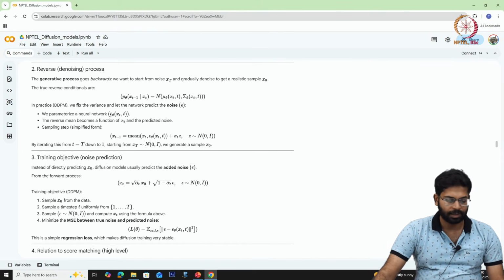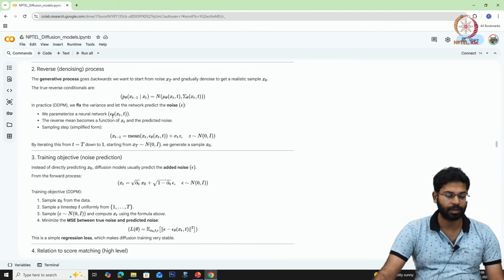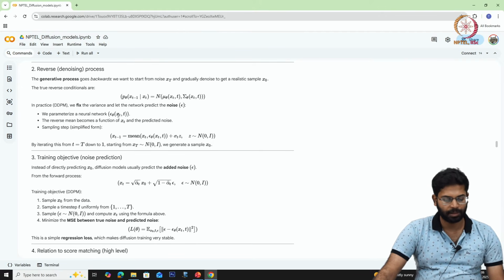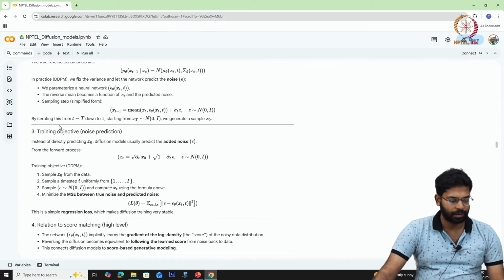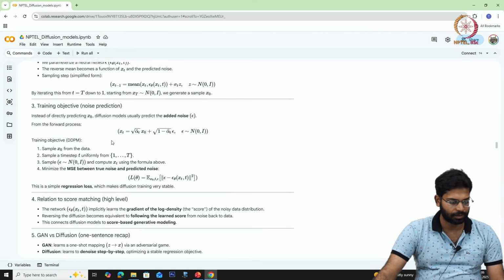So we define it as epsilon theta. Epsilon is the noise that you want to predict, and theta is the parameter of the network that will do that job for you, given the input xt, that is the image at a particular step t, and t, the time step. So the sampling step is essentially this. We keep iterating from t equal to capital T, the last step, down to 1. So we essentially start from the noise and come to the generated sample x0.